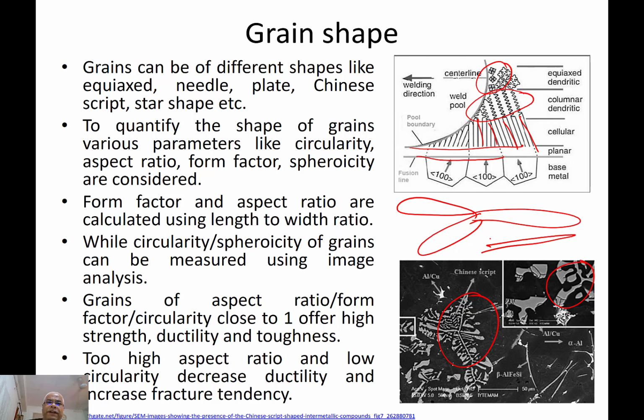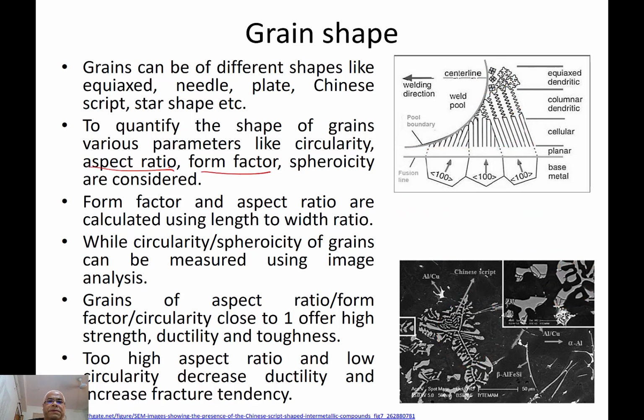To quantify the shape, we use various parameters, and the common parameters are form factor, aspect ratio, circularity, and sphericity. The form factor and aspect ratio are calculated using the length to width ratio, and this factor is important because the shape of the grain affects the stress concentration.